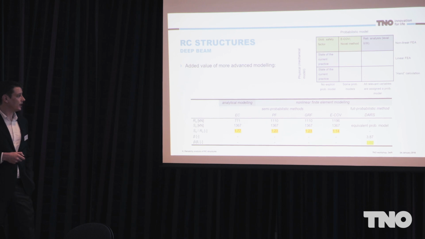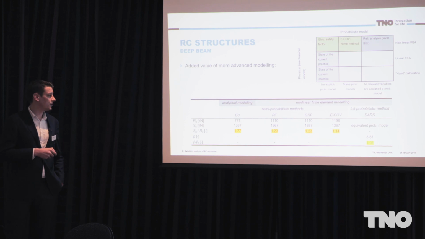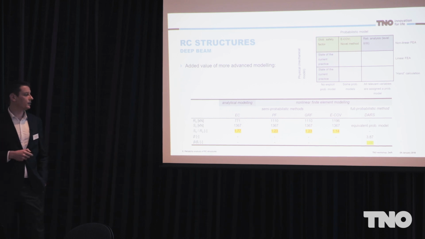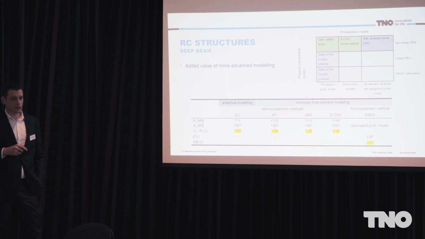This is the design value of the resistance we can obtain, and this is the design value of the action. This is set, as you can see, in a way that with the reliability analysis we achieve 100% utilization. But what is important that we can see here is that using a standard, basically hand calculation, the structure doesn't comply.